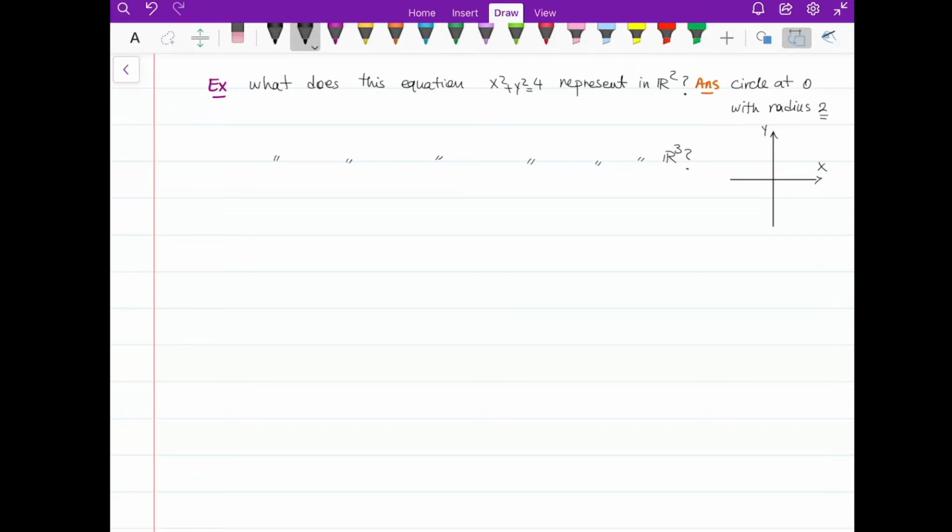If I want to graph it, x-axis, y-axis, and it's a circle at the origin with radius 2. But how about the same thing but in R3? In R3 all the points are triples, they have 3 coordinates, but in this equation the third coordinate is free.